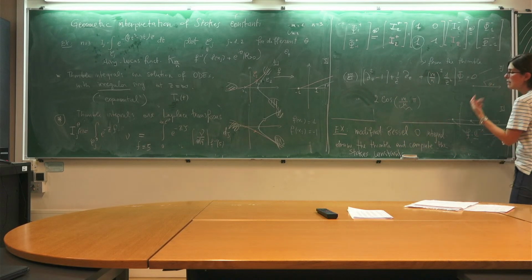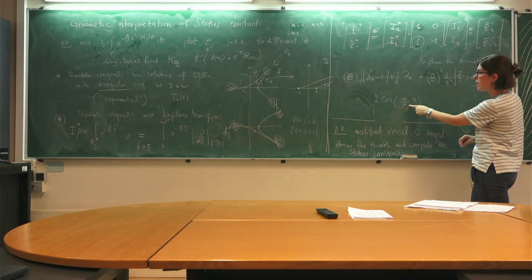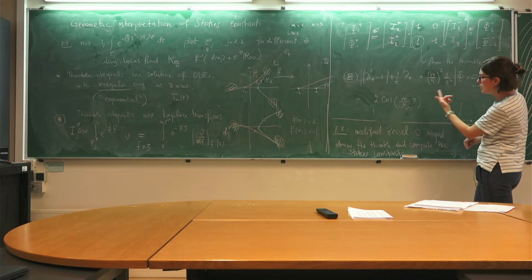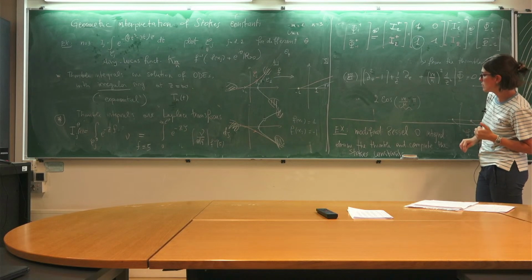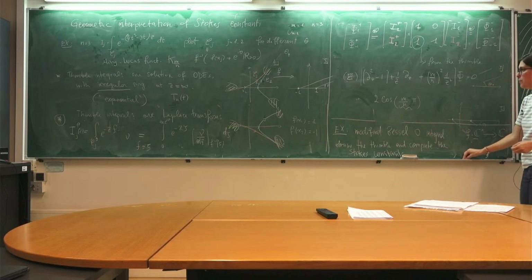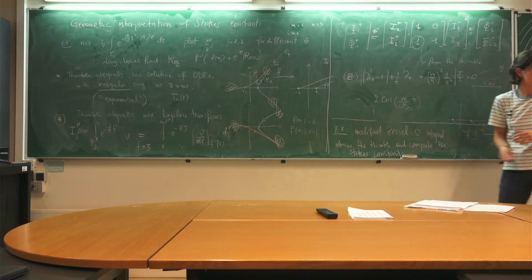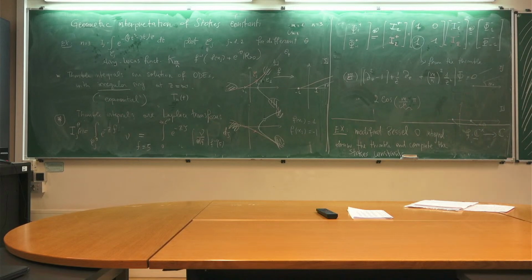If it's 1/3, you should get 1, which is probably 2 cosine because cosine is 1/2. In the other examples, generically, this is not necessarily 1, and this takes into account the fact that you have more preimages of one point. So yeah, there is some relation, in fact.